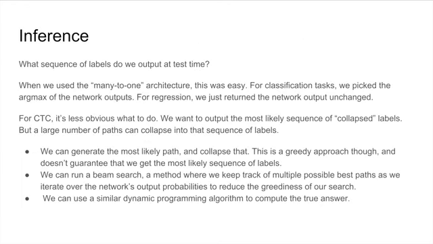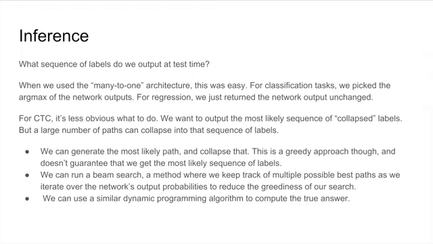Now the question is, what do we do at test time? Right now we have a trained network. We're going to output a sequence of probabilities, and we may just hope that by taking the max probability at each step, using those labels, and collapsing them using the function B, we may get a good result, and we might. But this is generally a greedy approach, and it does not guarantee that we will get the most likely sequence of labels.